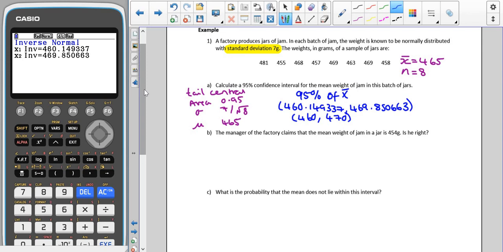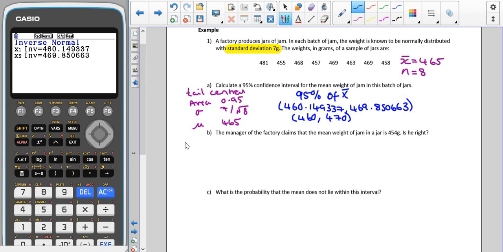So the manager of the factory claims that the mean weight of the jars is 454 grams. Is he right? Well, if we have a look here, we can see that 454 is definitely below our 95% confidence interval.